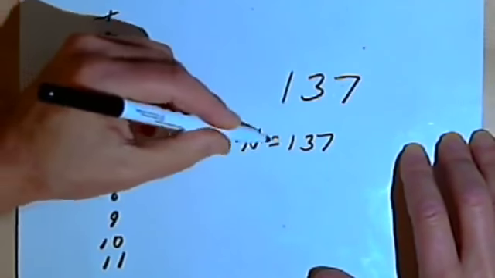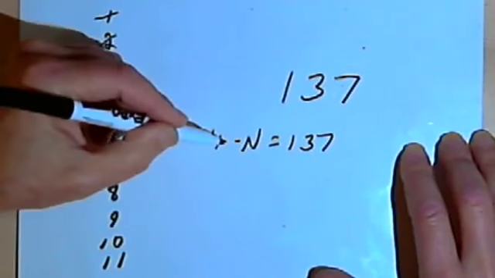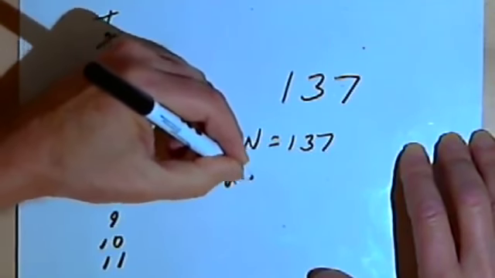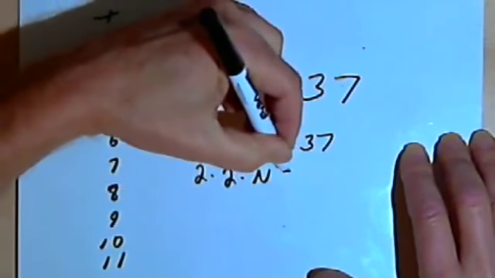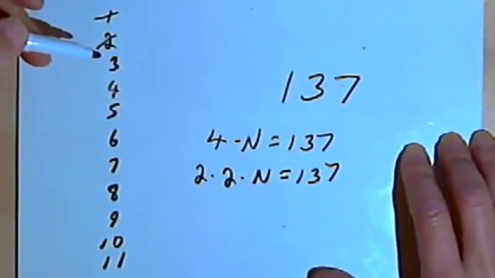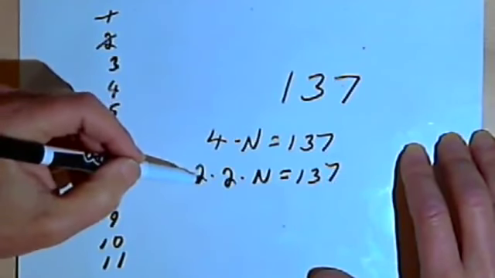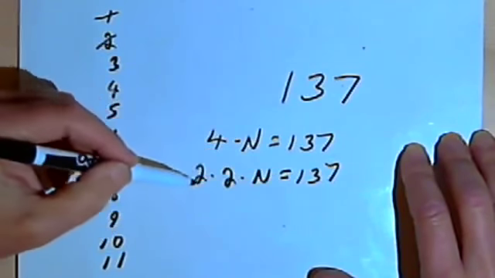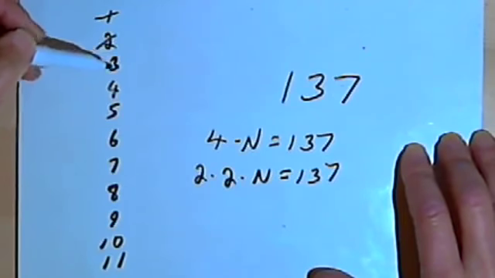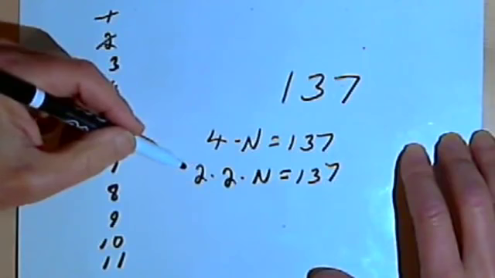Now, if 4 times n equals 137, since 4 is 2 times 2, I could also write 2 times n equals 137. But if I could write that, then it would mean that 2 is a factor of 137. But I've already found out it isn't. So therefore, 4 is not going to work either.